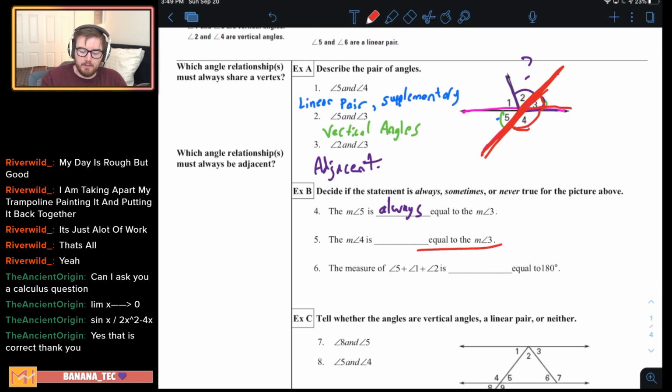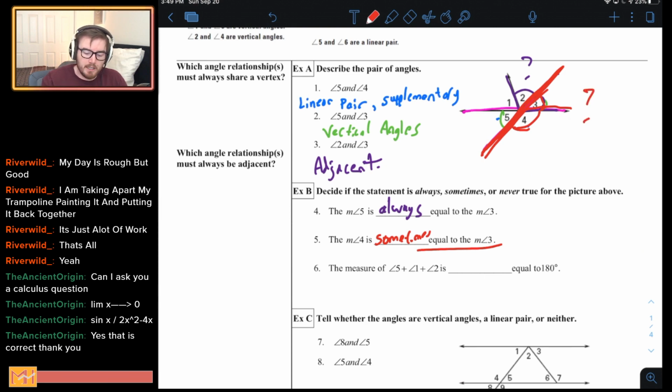I think it's pretty obvious that 4 and 3 aren't equal. But could they be equal? Theoretically, yes. They are sometimes equal, only when they're both 90. 90 and 90 make 180. That's the only situation, but technically, it's not never.